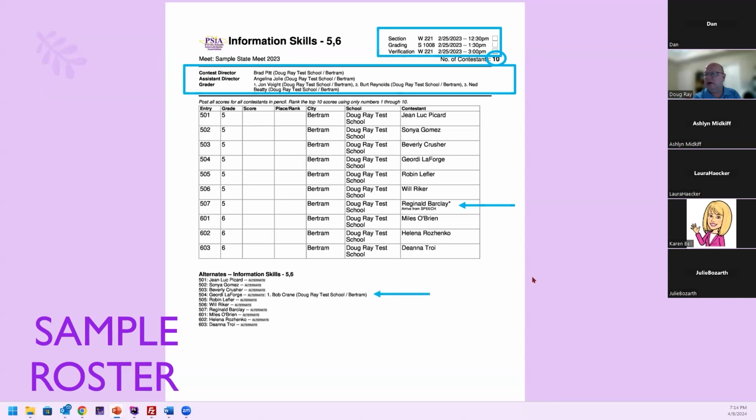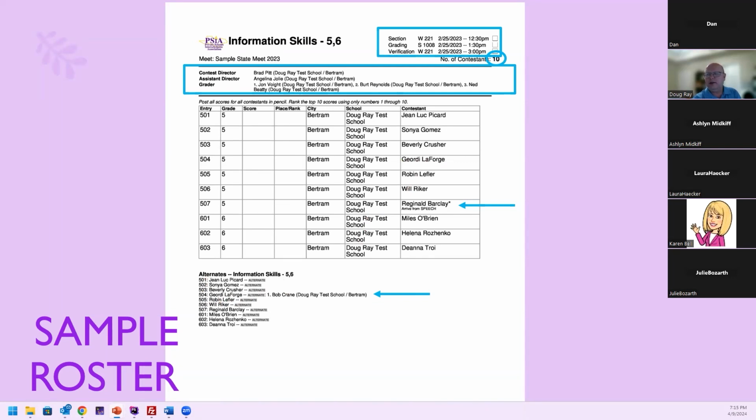All right, moving on back to the roster, let's suppose that Jordy LaForge doesn't show up. The state meet is a little bit different than the district meet. At a district meet, you just put in a substitute from the same school. The state meet is a closed meet. And so when a student is absent, it falls to the alternate that came from that district to take their place.